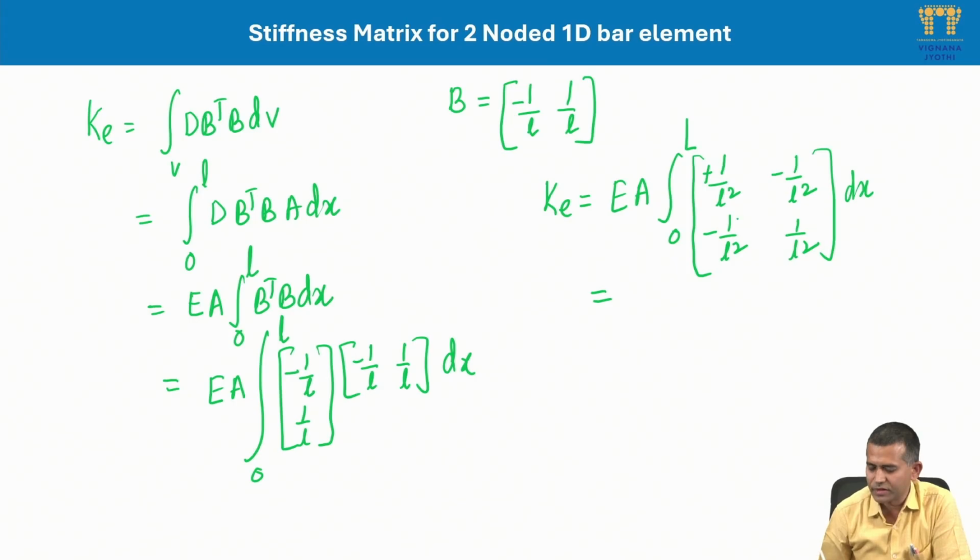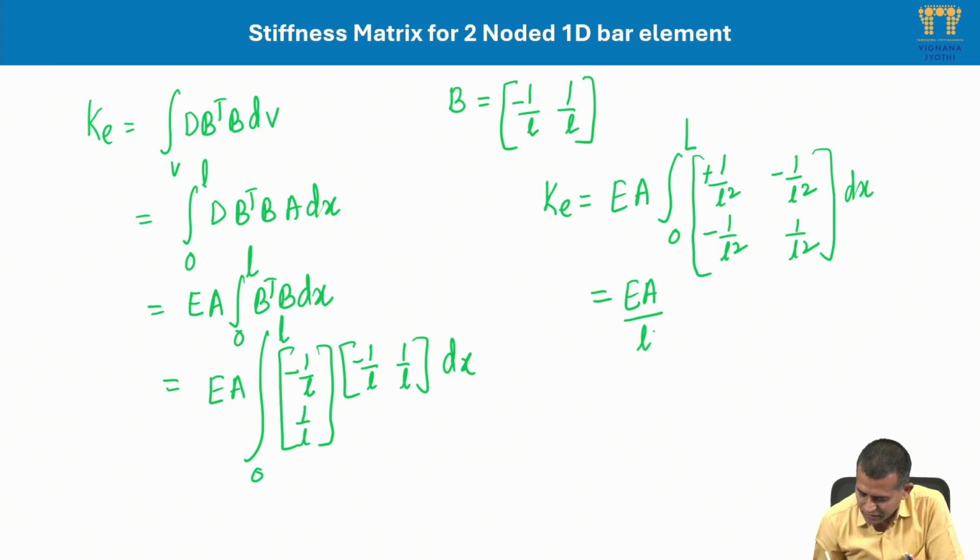And you know this L is the length of the element, so if we take it out, you will get EA by L square out. So you will have the matrix 1 minus 1, minus 1 1, into dx over 0 to L, right?